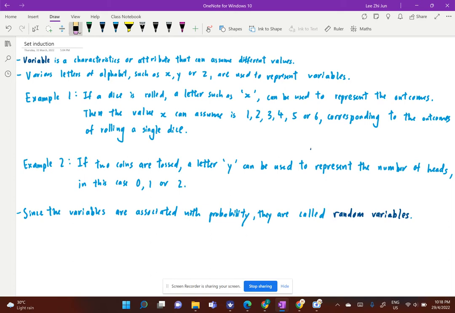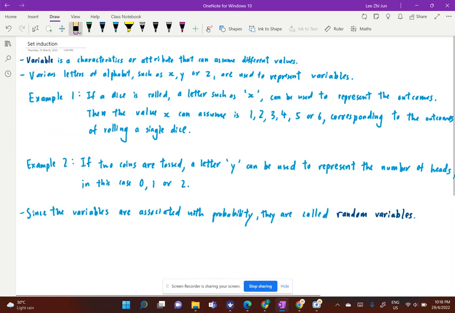And the second example is if two coins are tossed, a letter Y can be used to represent the number of heads. Like if I throw it, it comes out heads. Sorry, my drawing.